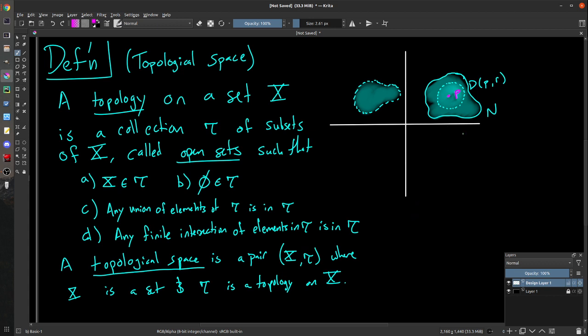So you can build a topology on R2 just by taking the regular old topology on R and generating it as usual from that, taking open intervals, but products of open intervals now, little open boxes and stuff, right?